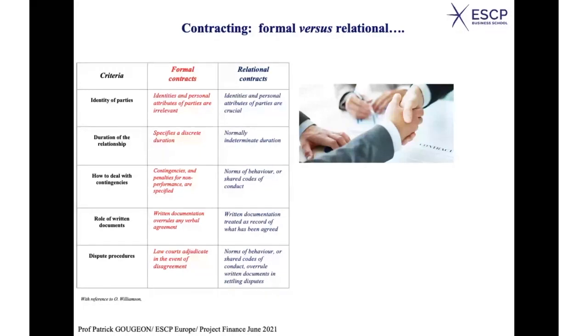How to deal with contingencies? Contingencies and penalties for non-performance are specified in a formal contract. In a relational contract, you have norms of behavior or a shared code of conduct. Let's behave properly according to norms we agree upon. Let's have a code of conduct, not to cheat, not to try to take advantage illegitimately from this situation.